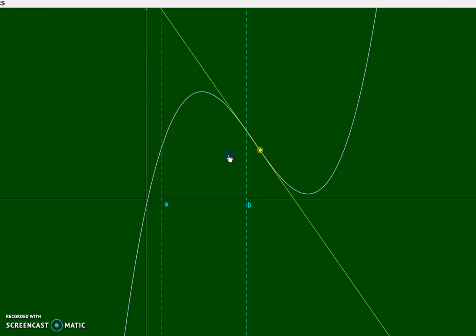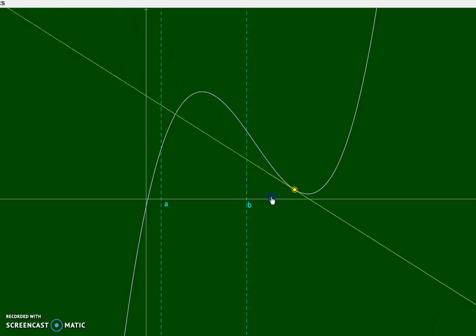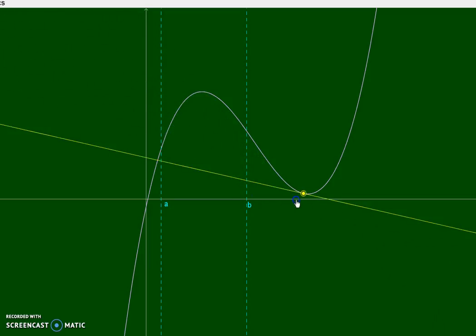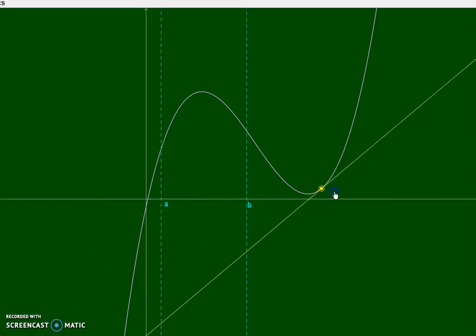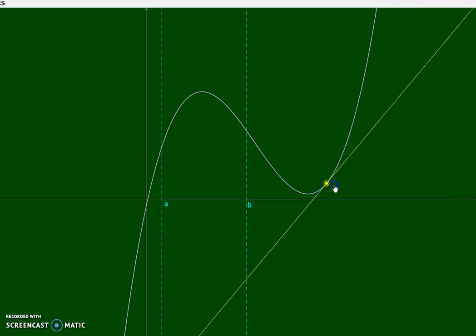Notice what's happening. The tangent line is negative but getting less so. The tangent line is approaching 0, and now it's increasing further and getting positive. So you can see that where the function is concave up, the slope of the tangent line is increasing.